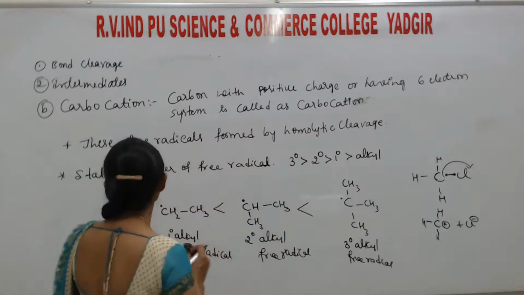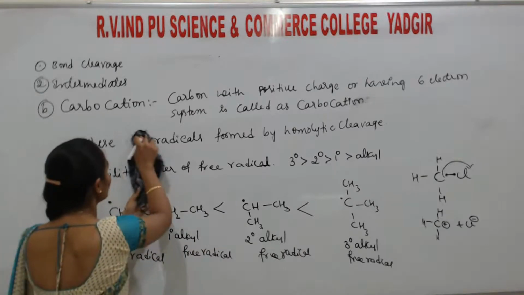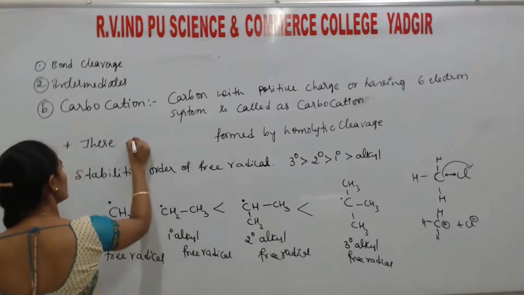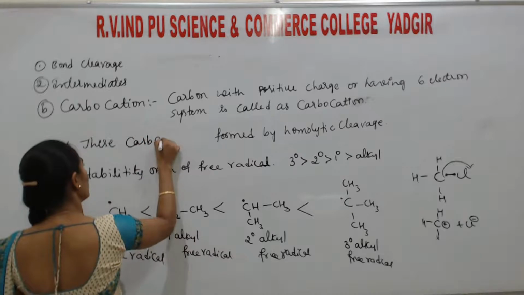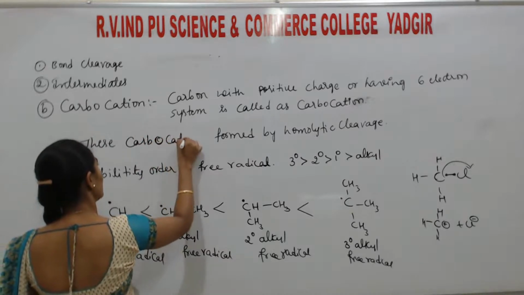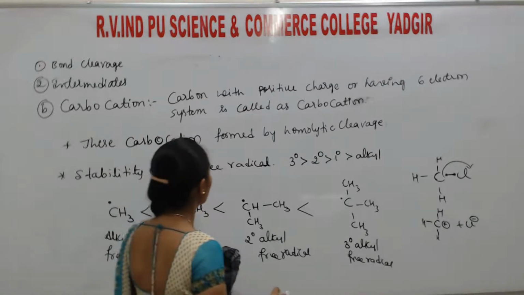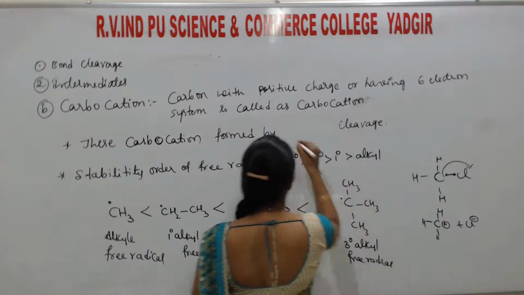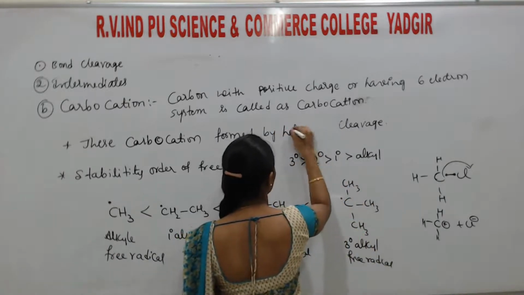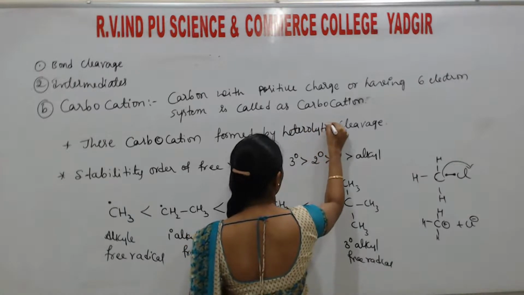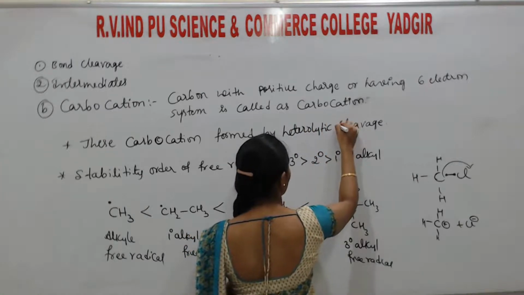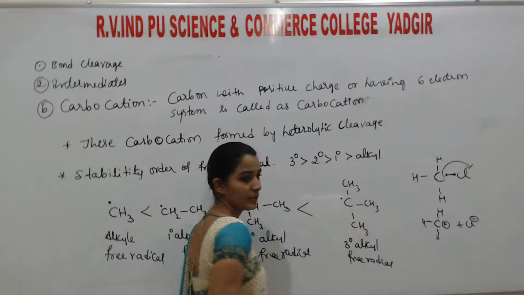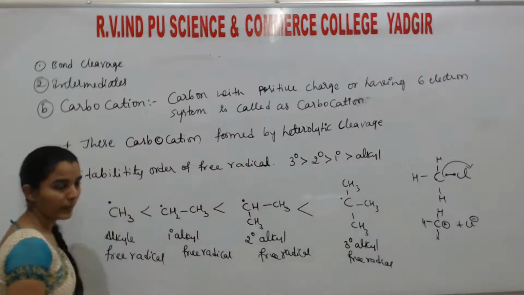Okay. Now, when this carbocation will form, carbocation is formed by which type of cleavage? Heterolytic cleavage. Understand?